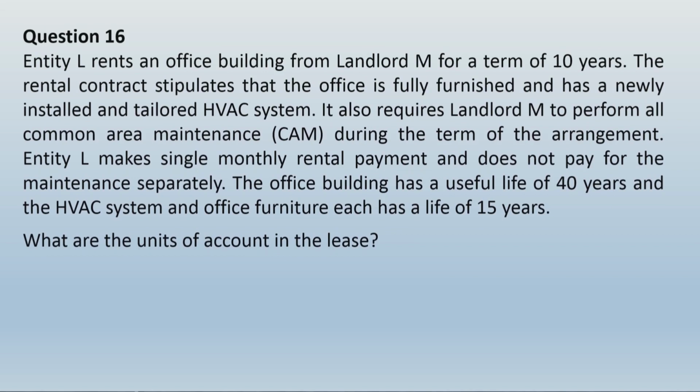Indirectly, the question is asking you to identify how many components are involved in this arrangement. So what we should do is analyze the whole situation and we can find out that there are in total 3 components in the arrangement. One of the components is the office building along with the HVAC system.